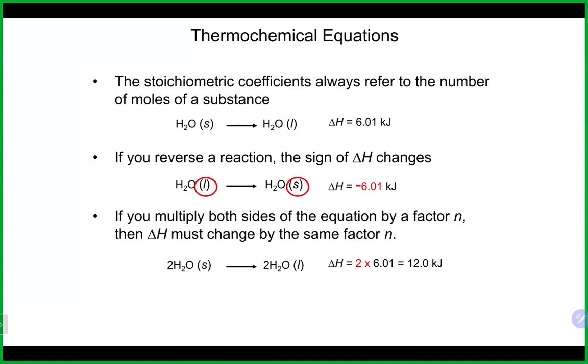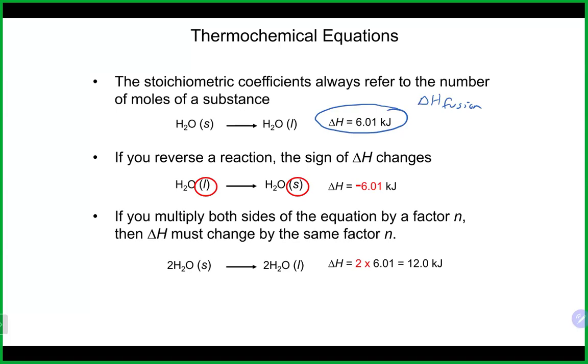For example, if we have this equation where ice goes to liquid water, we have a delta H of positive 6.01 kilojoules per mole. That is something we'll see in a later chapter: the delta H of fusion, or the heat of fusion. That's the energy required simply to take something from solid to liquid.